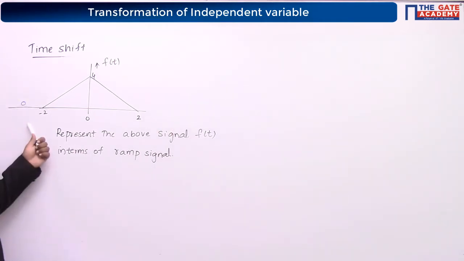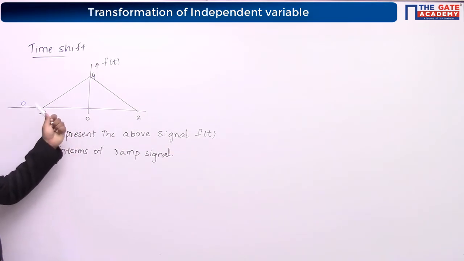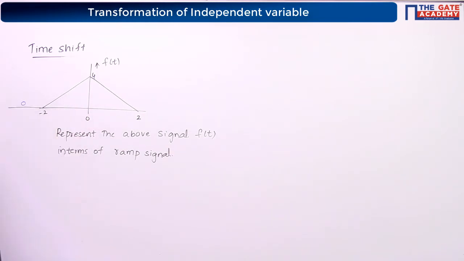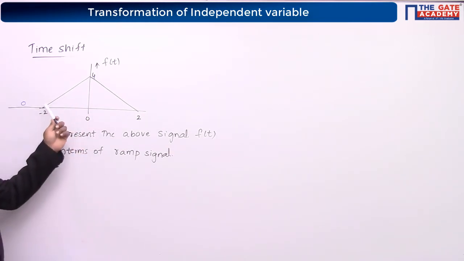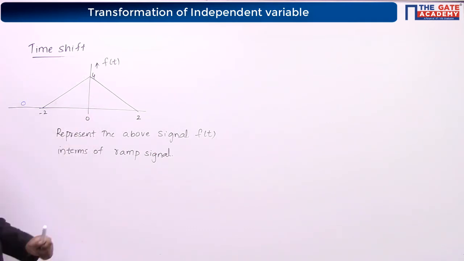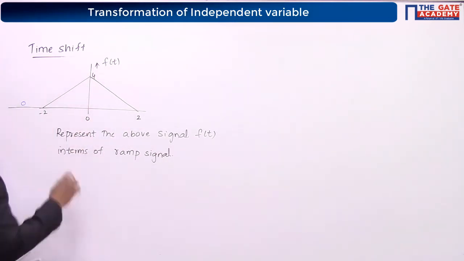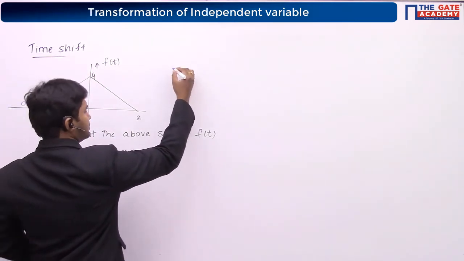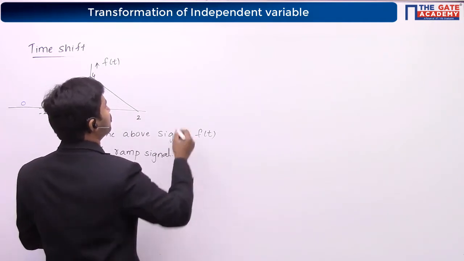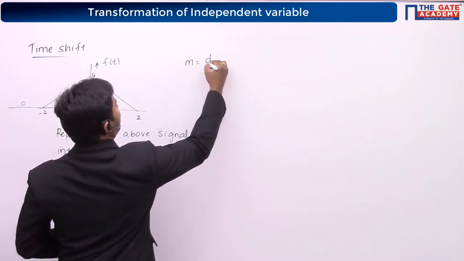Right, so here the slope is 0. What is the slope of this line? Can you please tell me what is the slope of this line? Change in y, change in x. The slope m is equal to dy by dx.